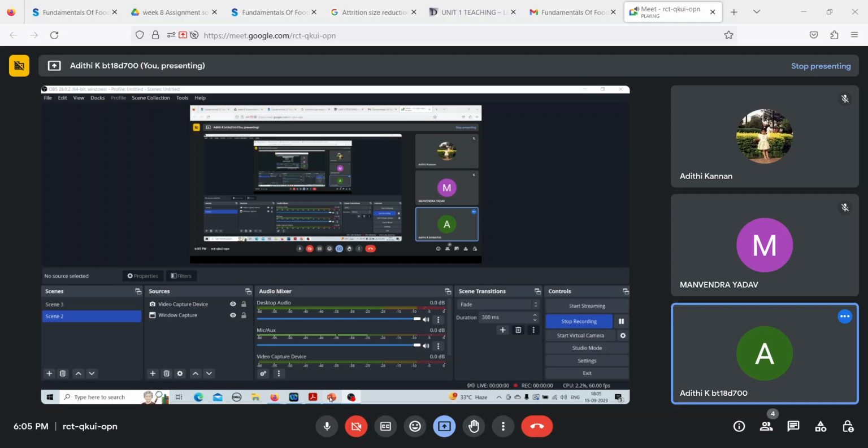If we remember the formula for the critical speed, Nc is equal to 1 by 2 pi root of g by (R minus r), where g is the gravitational constant, capital R is the radius of the mill, and small r is the radius of the ball. And the Nc that you will get is in revolutions per second.